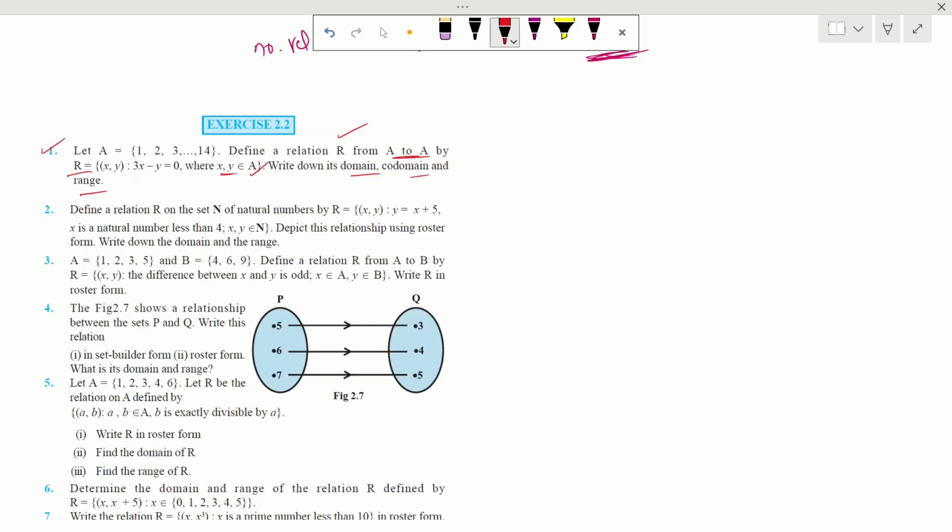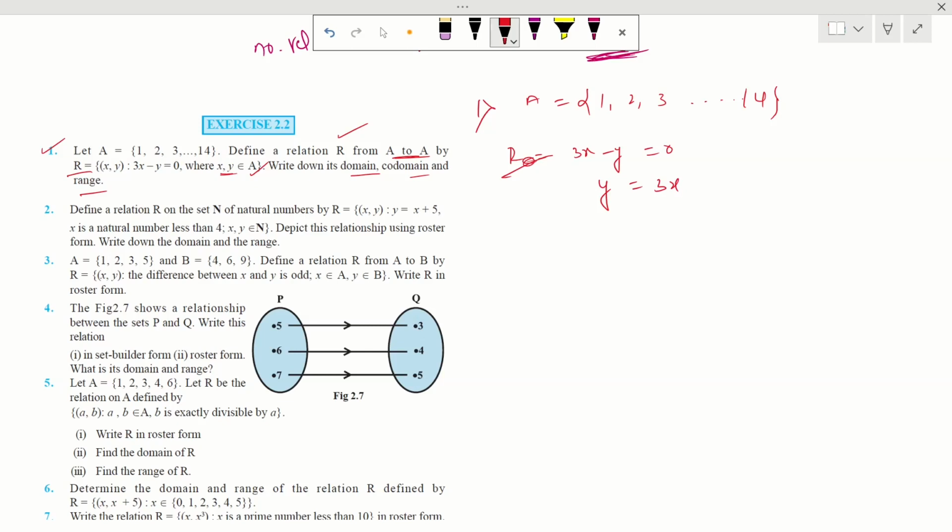So A is given as 1, 2, 3, up to 14. The first problem we are solving: the relation is given as 3x minus y is equal to 0, so y is equal to 3x.